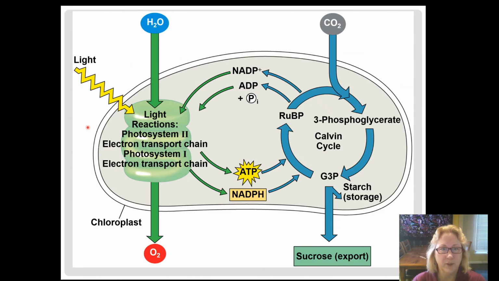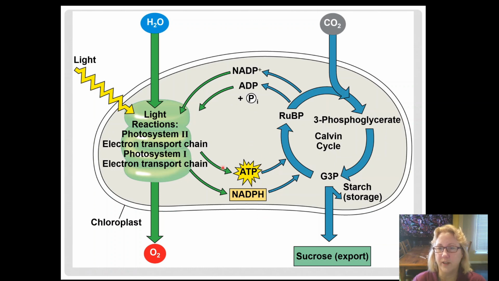So here's our summary. In the light reactions, we have photosystem 2, which produces oxygen as a byproduct and passes on electrons to the electron transport chain. We have photosystem 1, which accepts those electrons, bounces them up to a higher energy level, and uses them to produce NADPH.